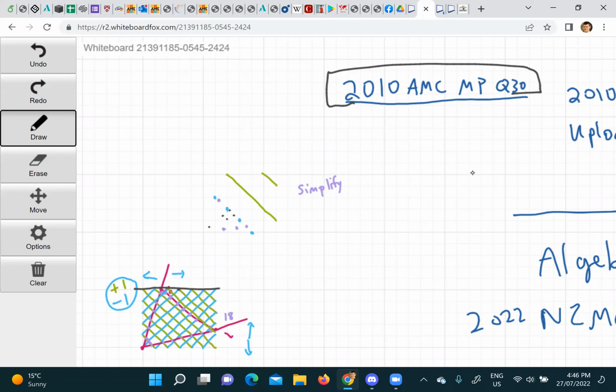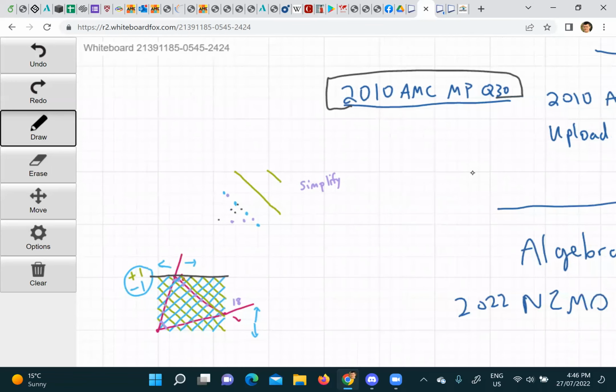A lot of the questions, even in older, higher years and more recently, were very routine. You could do something very formulaic to get the answer, and you'd be pretty sure of the answer just from doing that. Here, I think we could get 18 very quickly, because you just draw a triangle, it's 18.